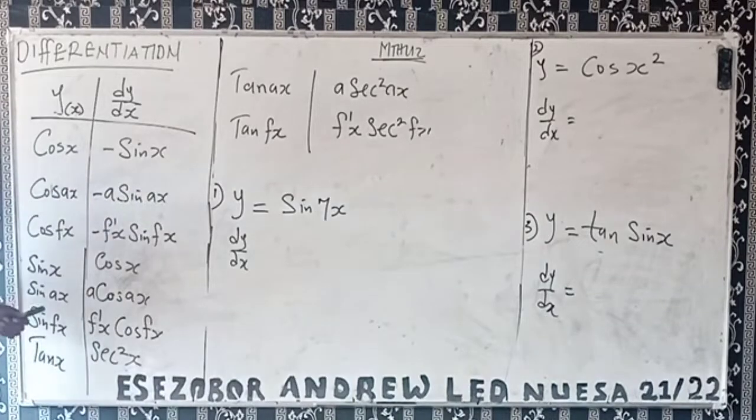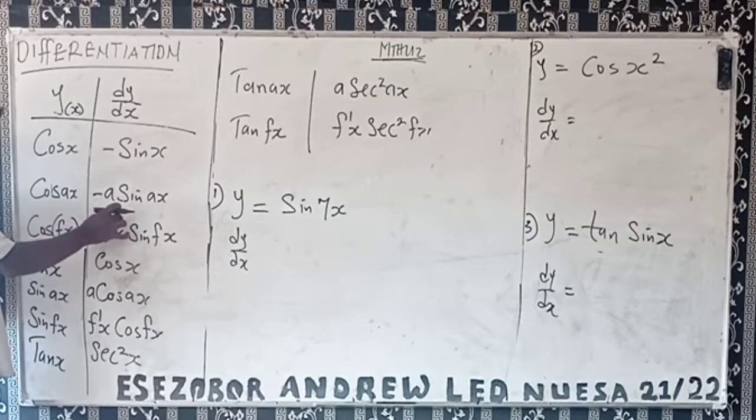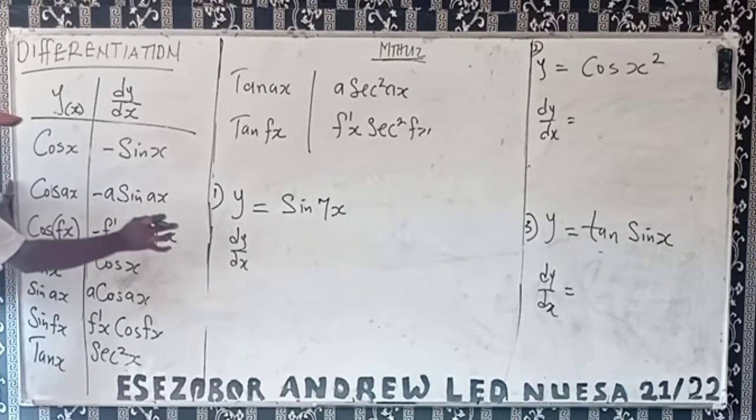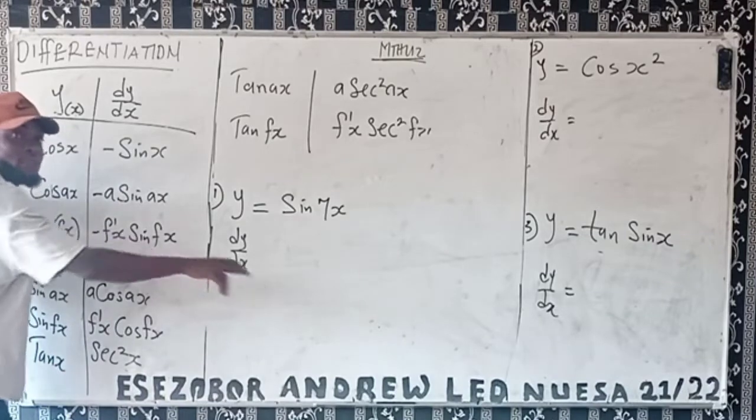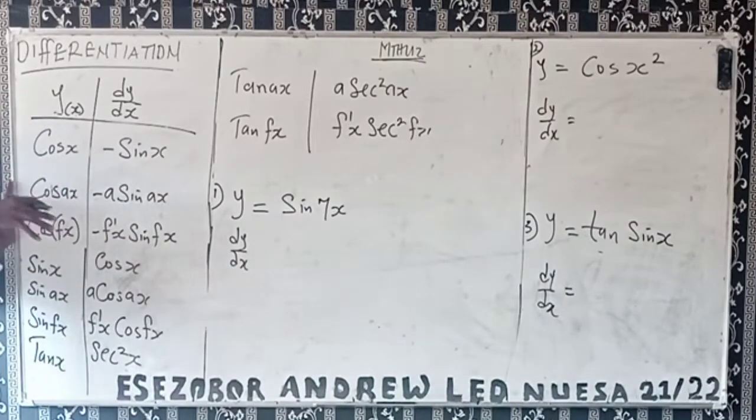So generally, if you have cos of a function of x and you differentiate it, the answer becomes minus f prime of x times sin of that function. f prime of x means when you differentiate the function.